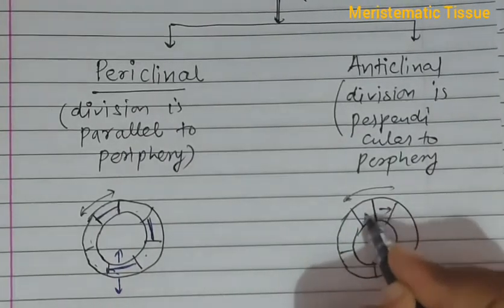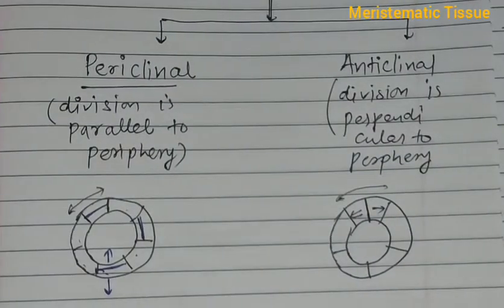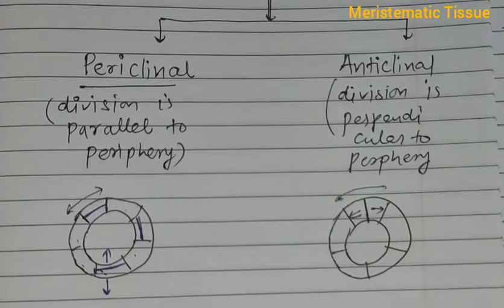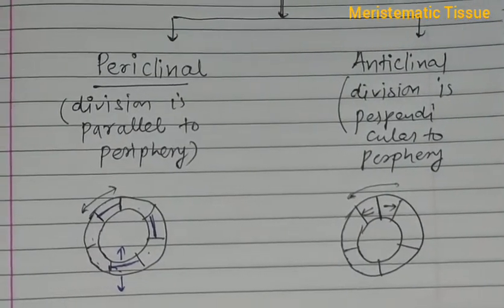So this division adds cells sidewise, within the existing layer. It is not forming new layers, whereas periclinal division forms different, separate layers. So based on this, the tunica corpus theory is given.